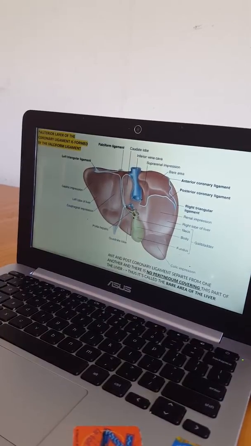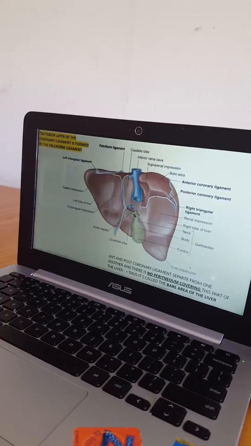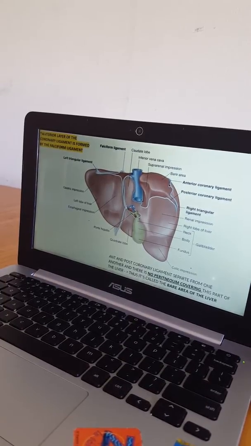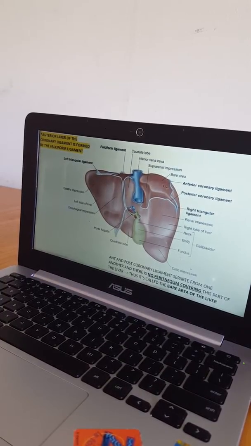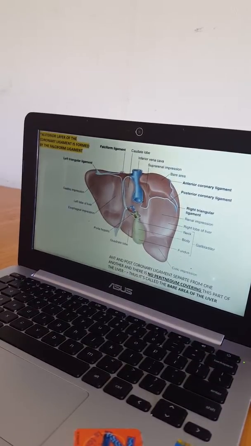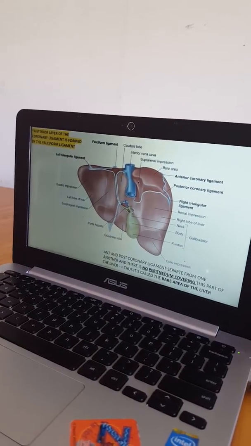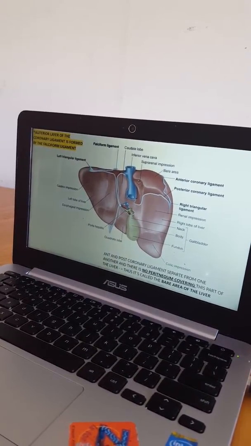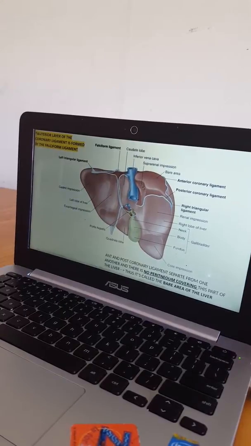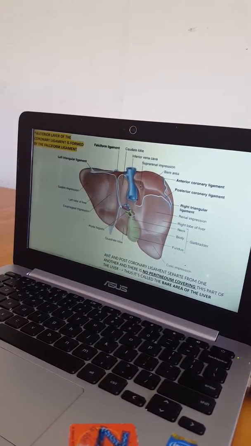One was below the right triangular ligament, this one. One was between the anterior and posterior coronary ligament, this one, and then the impression where the right kidney and the suprarenal gland lie. This impression is also bare because there is no peritoneum, because we know that kidneys are retroperitoneal organs.